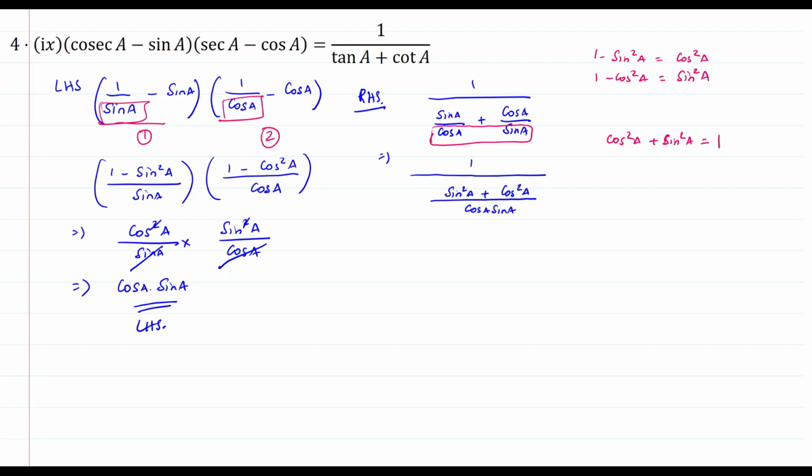Therefore, this step will be equivalent to 1 divided by 1 over cos A into sin A, and then what we'll have is cos A into sin A divided by 1, which is equal to cos A into sin A. Therefore, LHS will be equivalent to RHS.